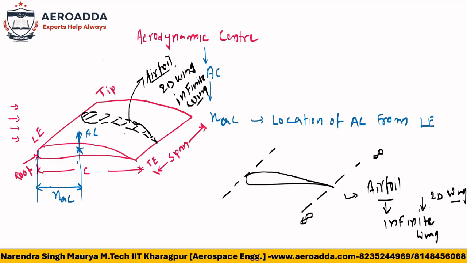How will we get it? We have 2-3 steps. I will show you just for your understanding. I'm not going through the derivation thoroughly because it is not required at all, but at least I will explain it stepwise, so that you have the formula, because they can ask numericals based on the aerodynamic center location.